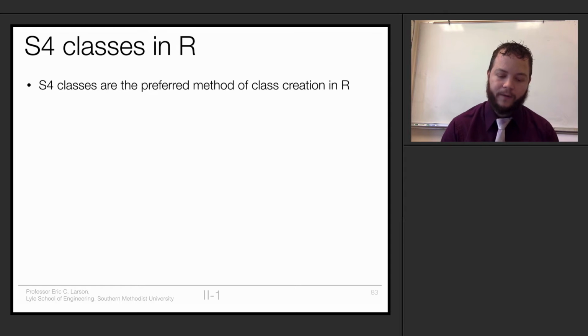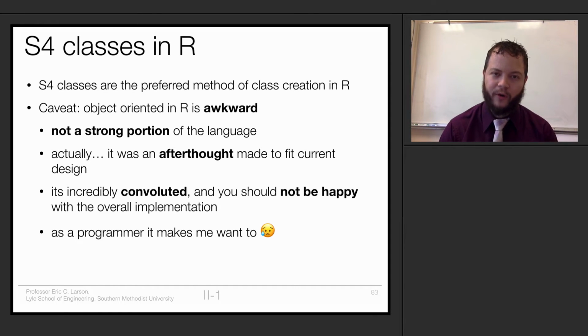And there's a caveat here. Object-oriented programming in R is really extremely awkward. I would say it's really not a strong suit of the language. And in my opinion, it was really thought of after the creation of this programming language for data science.